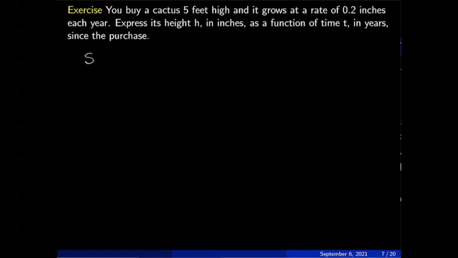So the solution. First, notice our function is going to be of this form: h of t, where h of t is the height of the cactus. The m is the slope, or in other words, the rate of change at which the height is changing. t is the independent variable, time, which is going to be in years.